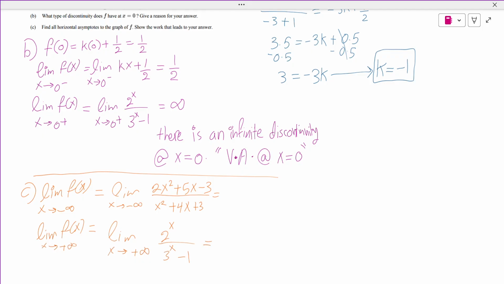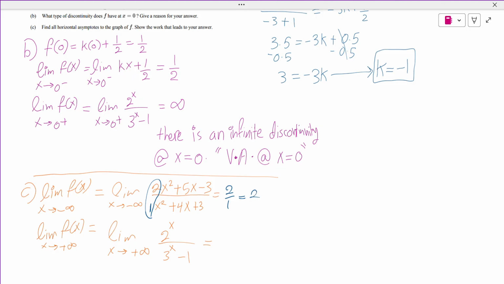So the first one, we will be looking at the ratio of the leading coefficients, which is 2 over 1, because the highest degree on top is 2, the highest degree in the denominator is 2, so the ratio will be 2.